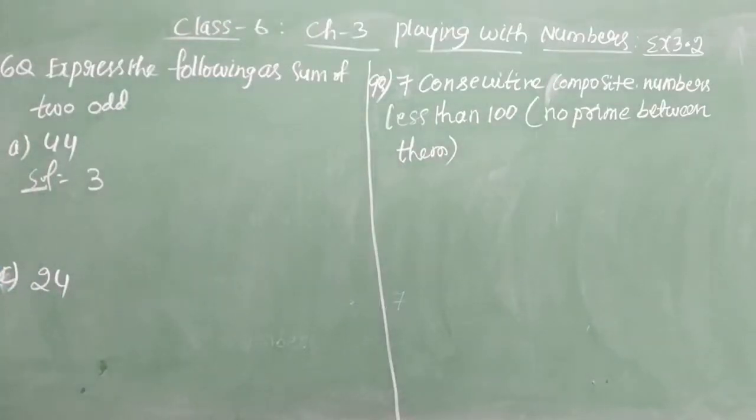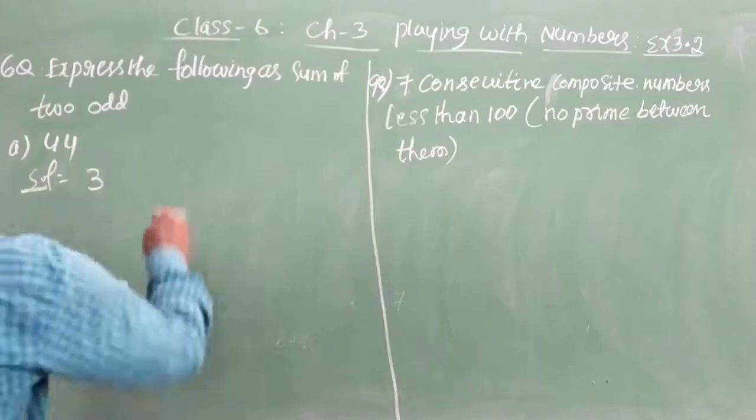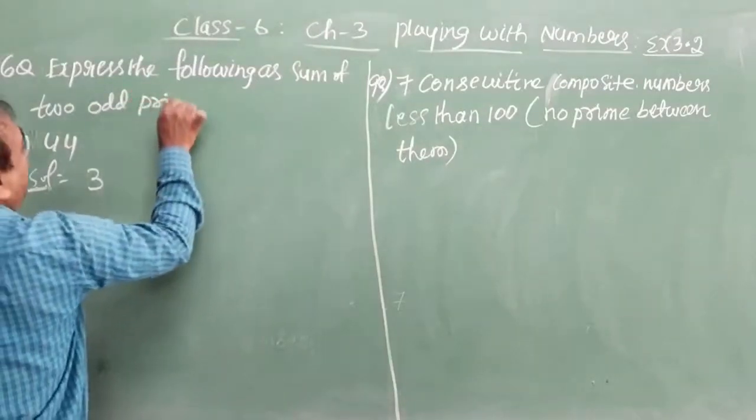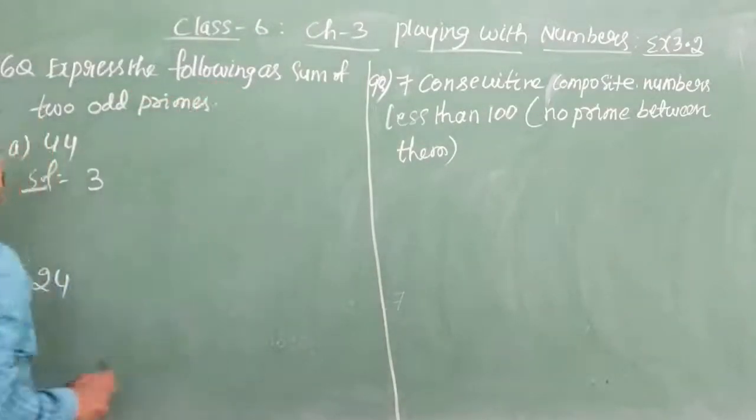Are they asking only odd numbers or even prime numbers also? Read the question carefully: sum of 2 odd primes. Sum of 2 odd prime numbers we have to express.